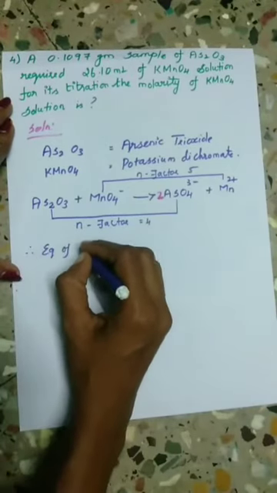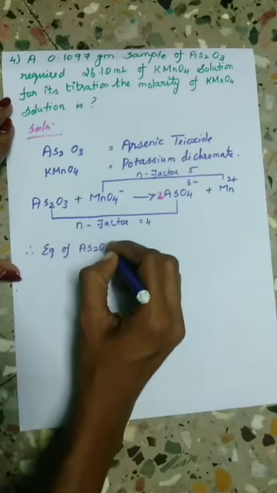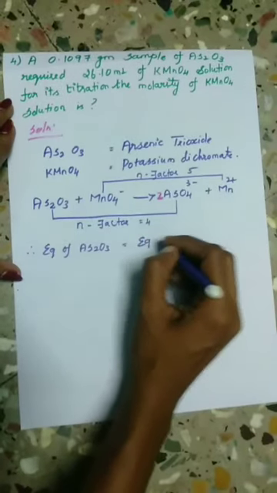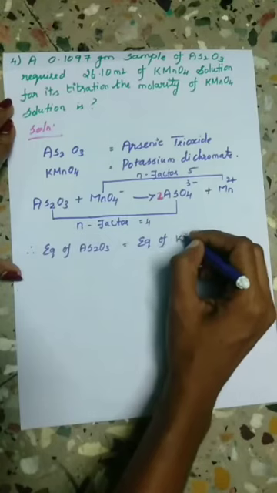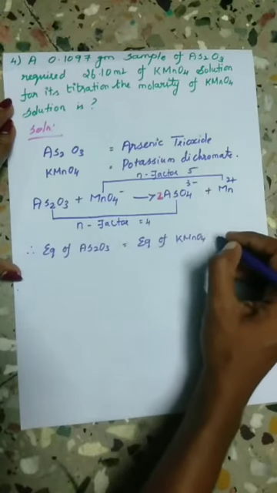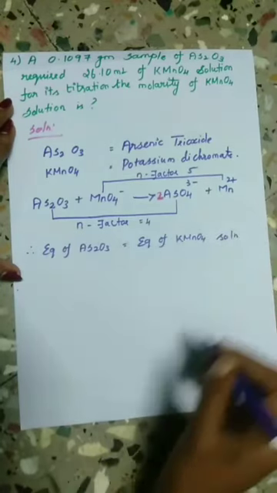The equivalents of arsenic trioxide are equal to the equivalents of the KMnO4 solution.